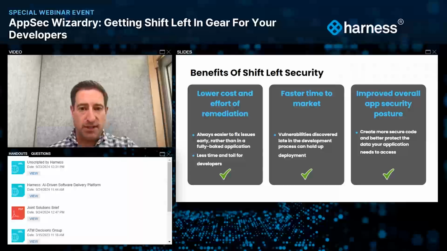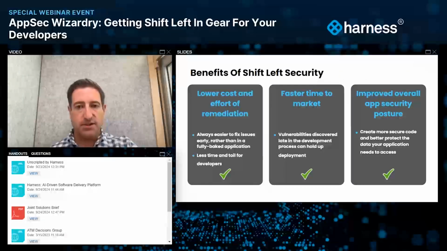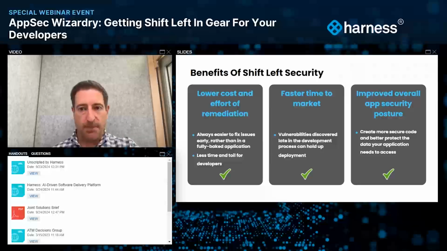Then you have to go back and trace the vulnerability to the impacted code. Faster time to market: with this level of coordination and figuring out how to surface vulnerabilities earlier, you have fewer to deal with at the later stages. So there's much less propensity to be held up against your deadline as you're fixing security issues along the way.